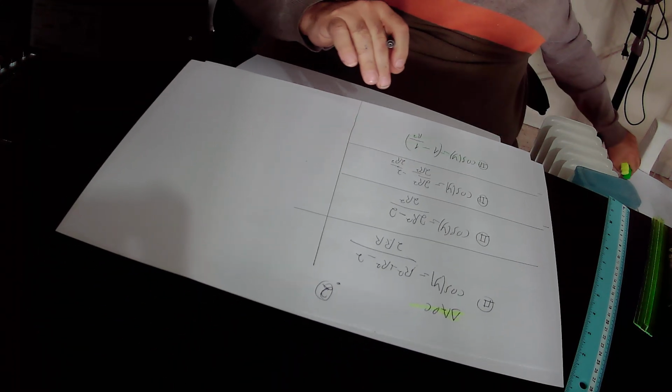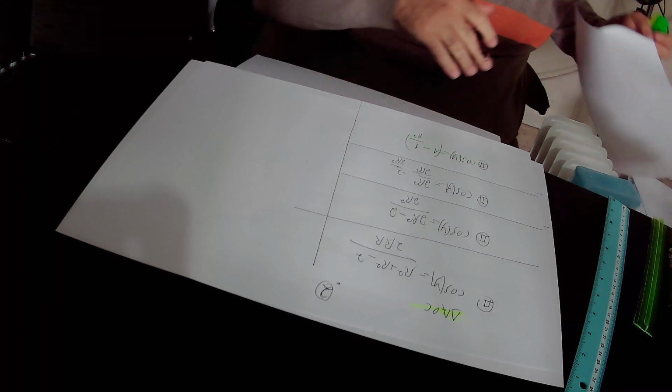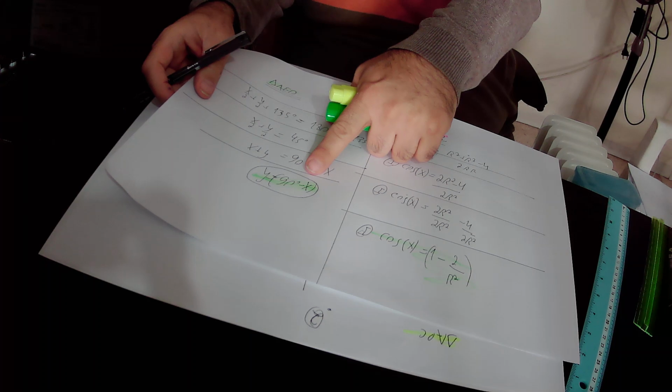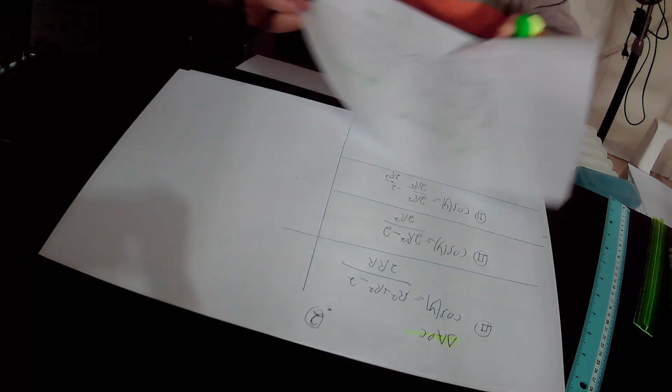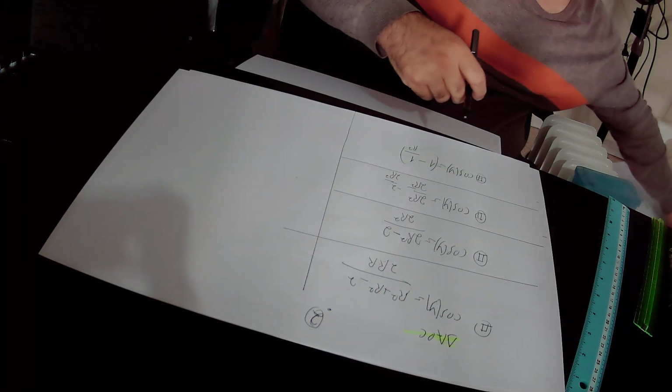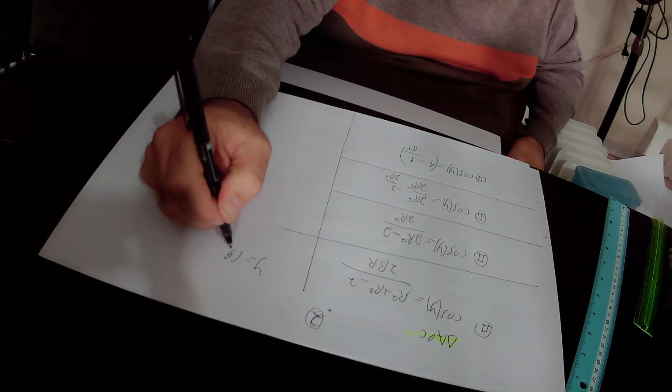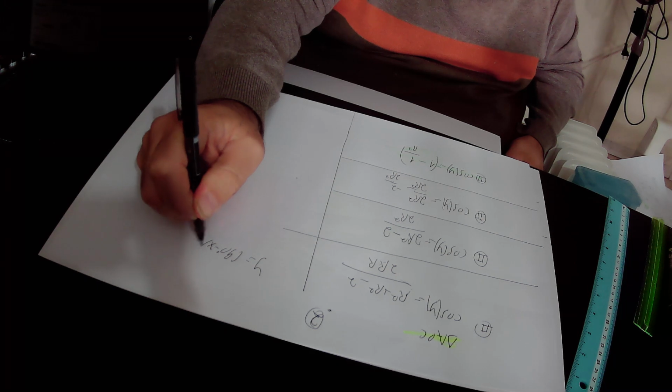We have already found out that y equals 90 degrees minus x.